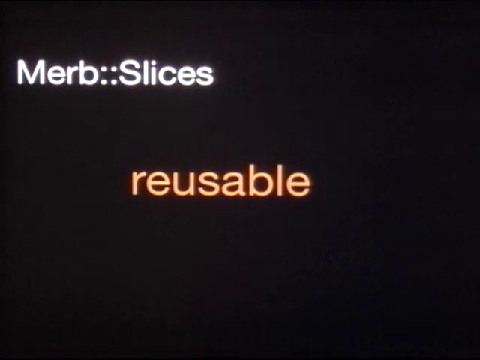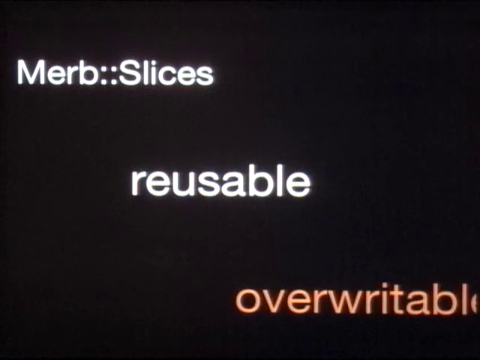But there is a very good thing you can do with Merb slices, and often you don't need to write plugins. You can just write a small piece of code that you're going to reuse. That's like the big advantage of using slices. But also, you're not limited to reusing the same code over and over. You can overwrite the code.